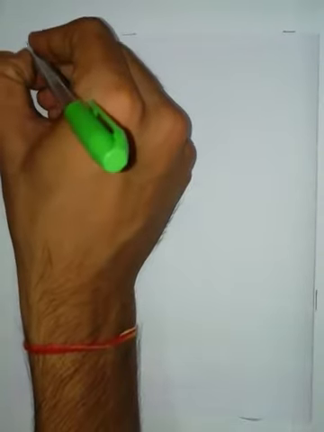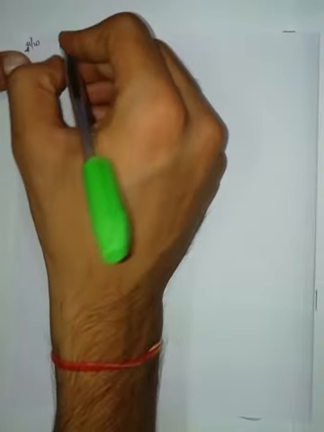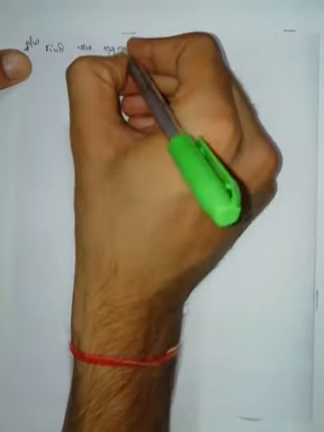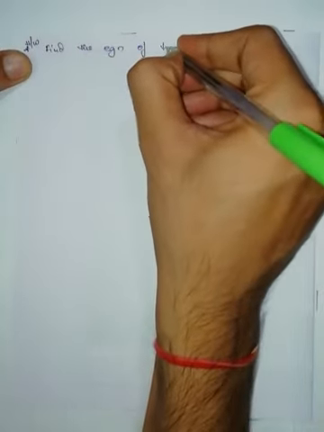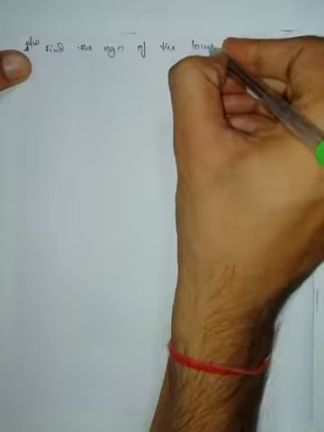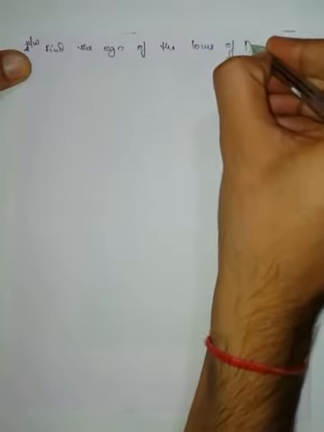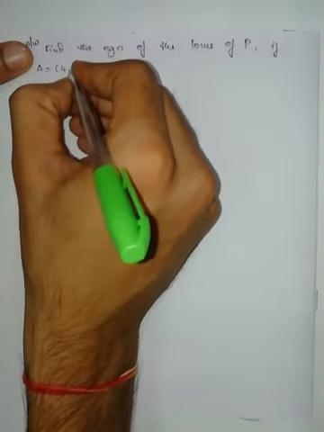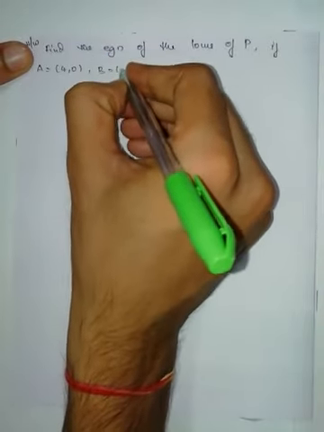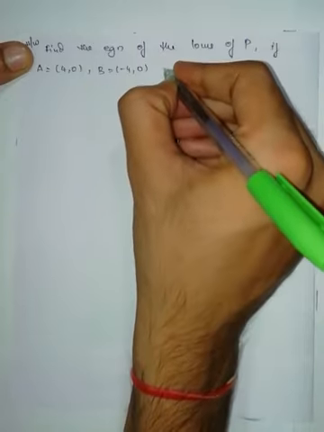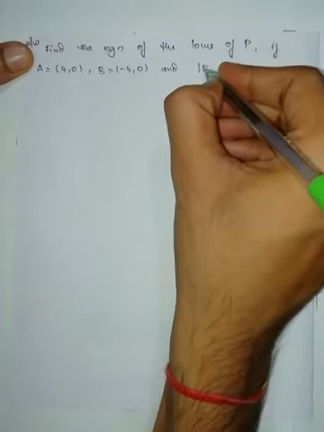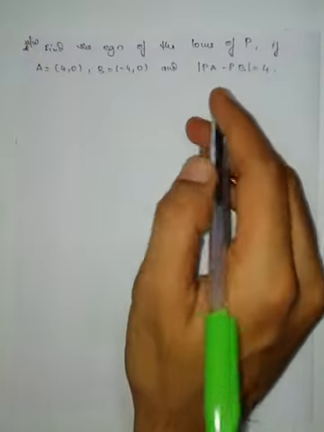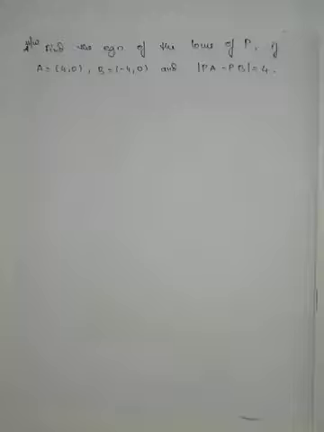Homework: find the equation of the locus of P if A is equal to 4 comma 0, B is equal to minus 4 comma 0, and modulus of PA minus PB is equal to 4. You can go through the previous problem.